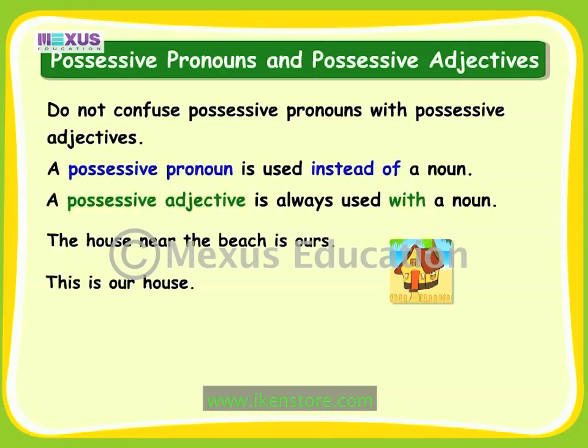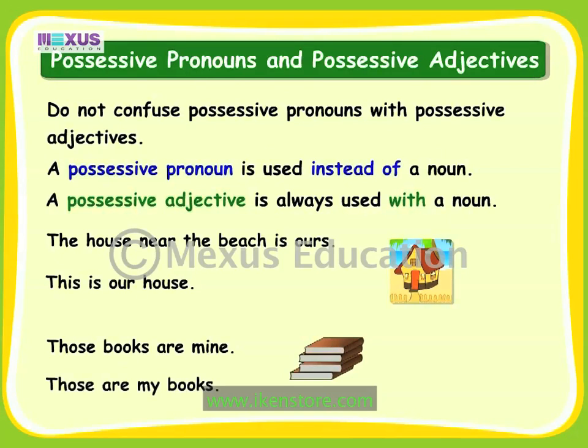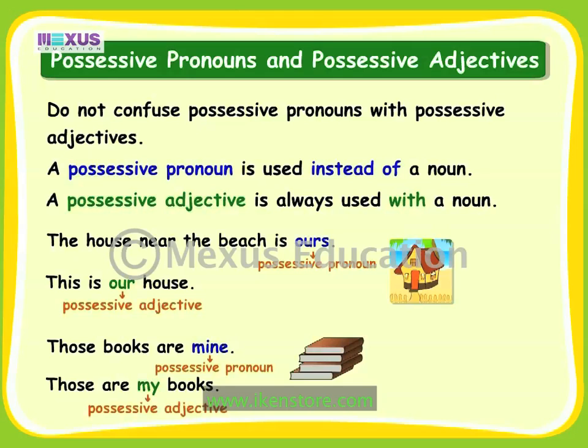This is our house. Those books are mine. Those are my books. The pronouns ours and mine are possessive pronouns, whereas the pronouns our and my are possessive adjectives.